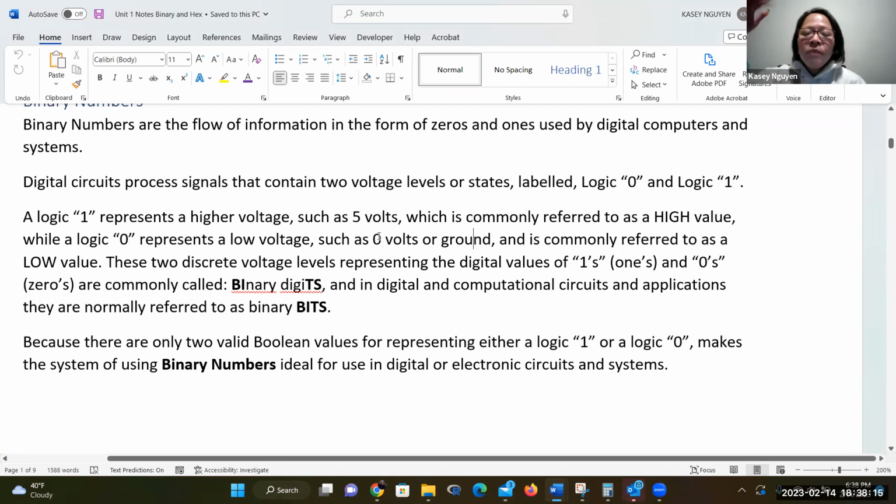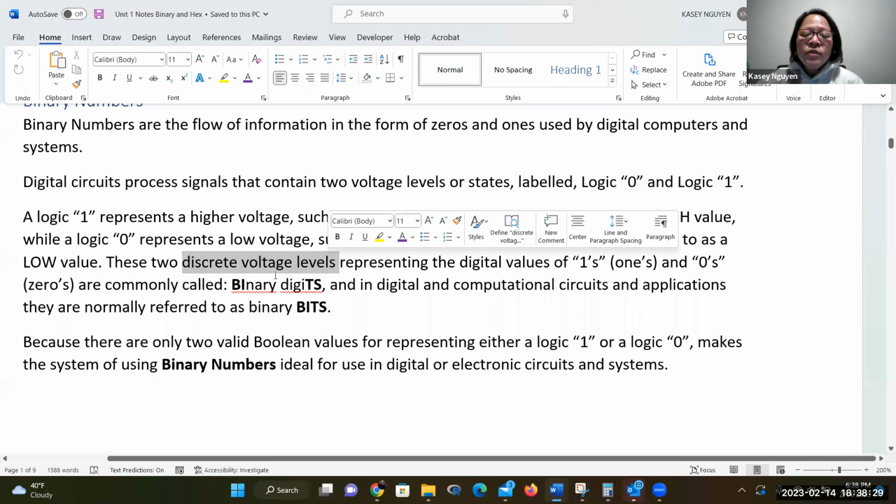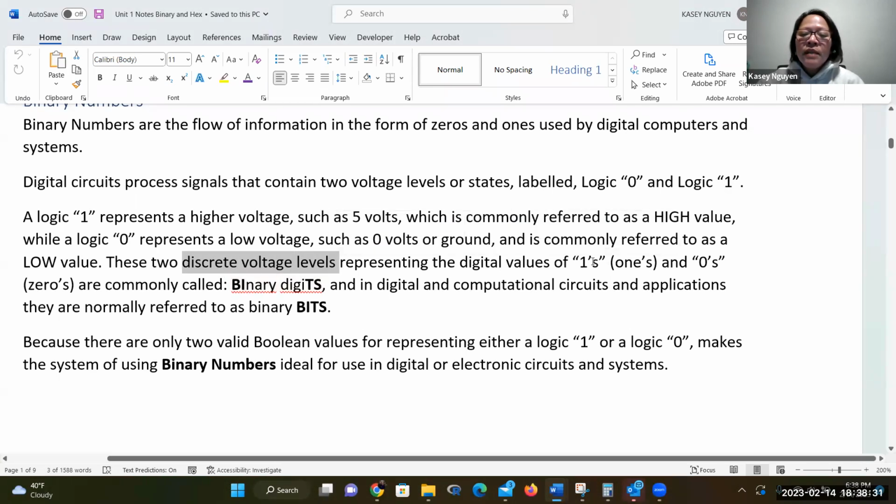So when we go from a 1 to a 0, it drops from 5 volts to 0 volts, and that's considered a low value. So in the binary system, it is a discrete voltage level between the ones and the zeros.